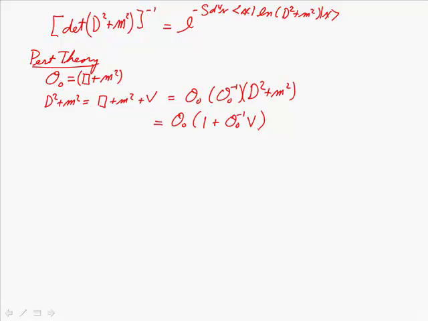D squared plus m squared is O plus V. So O minus 1 on the O piece is the 1. O minus 1 is this. Okay. So what's O minus 1?